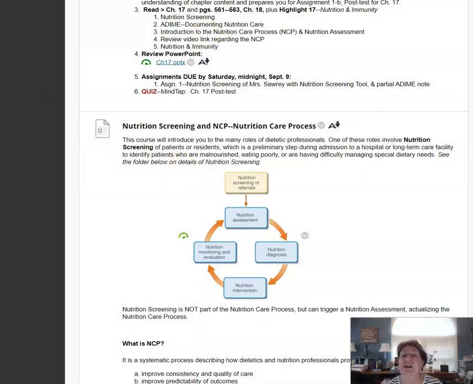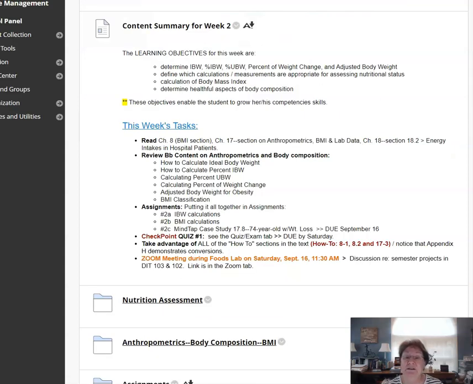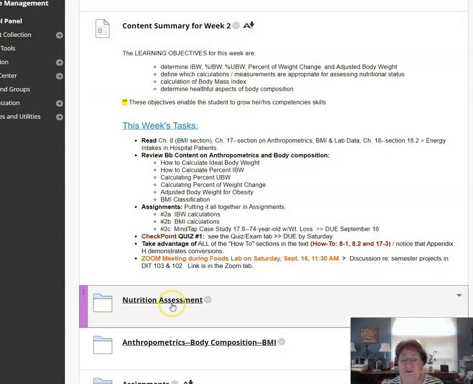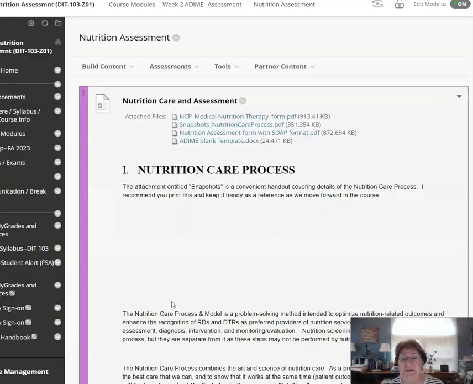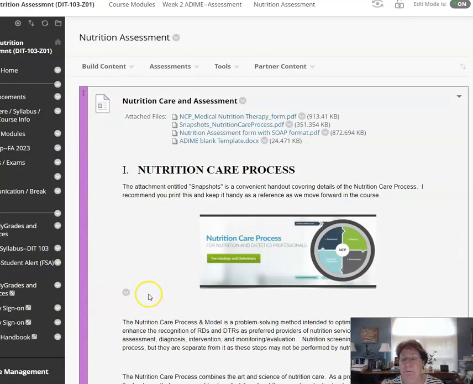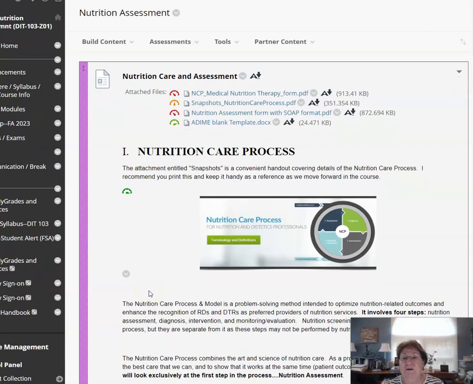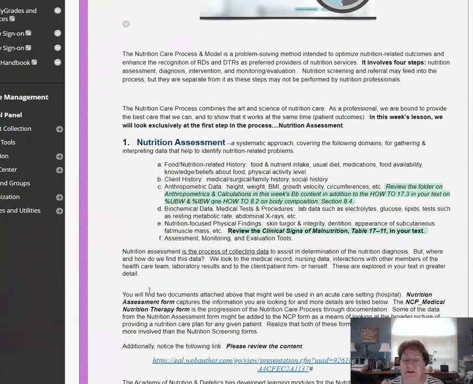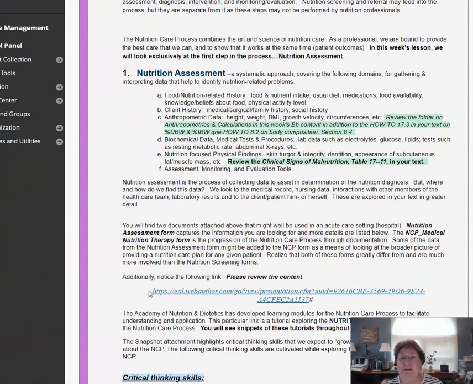All right, let me change our screen. Now we are in week 2. All right, and if we click into the nutrition assessment tab, you are taking a look at assessment in detail here. And scrolling down, you'll notice that there is a web link.